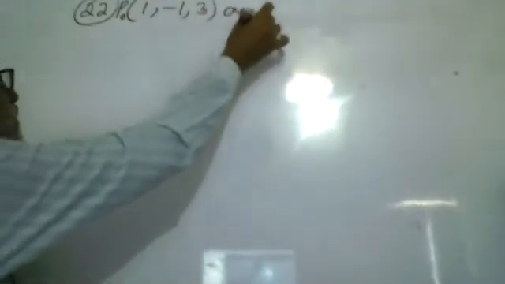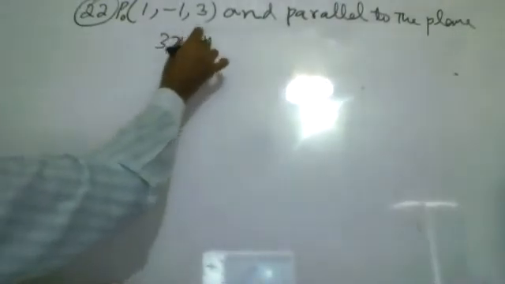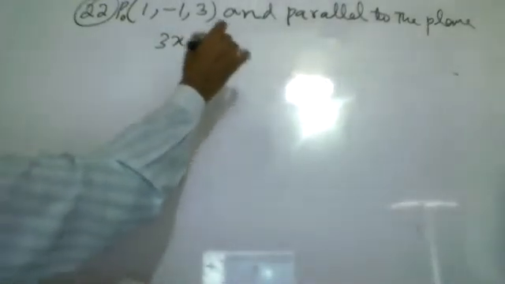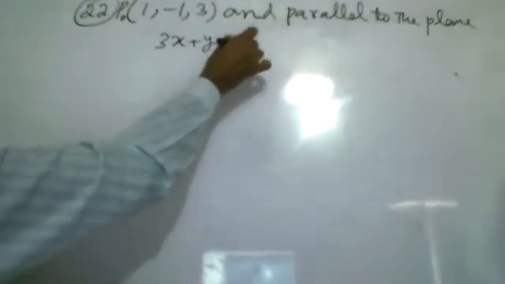And parallel to the plane 3x plus y plus z equal to 7.